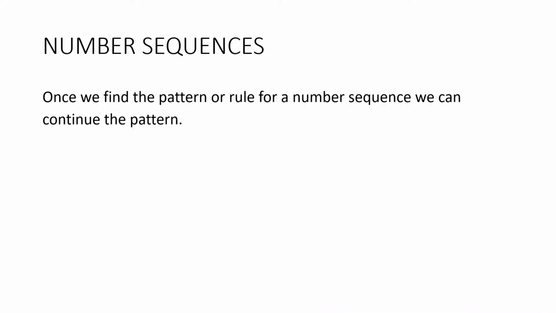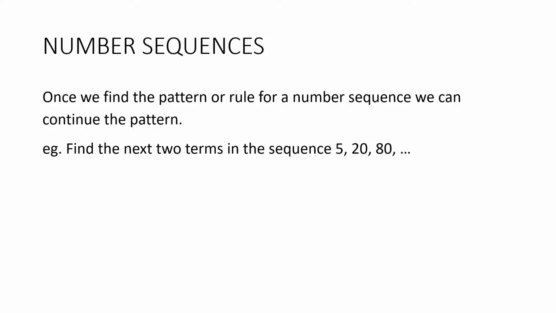Now once we find the pattern or the rule for a number sequence, we can continue that pattern. So here's an example. Find the next two terms in the sequence 5, 20, 80. So first thing we've got to figure out is what's happening to this term in order to give this one, and we've got to make sure that we're doing the same thing each time. So what happens to the 20 to give 80?